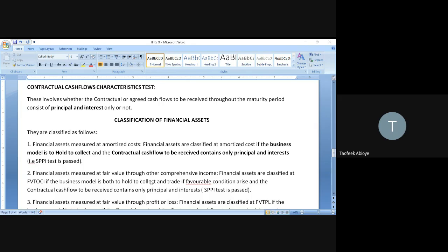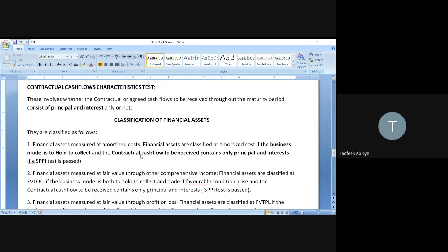Can we see the difference between number one and number two? Number one, the business model is to hold to collect. That means I invest in a bond today and I intend to collect my money at maturity. Whether favorable condition happens or not, I'm not selling. So I must measure at amortized cost.